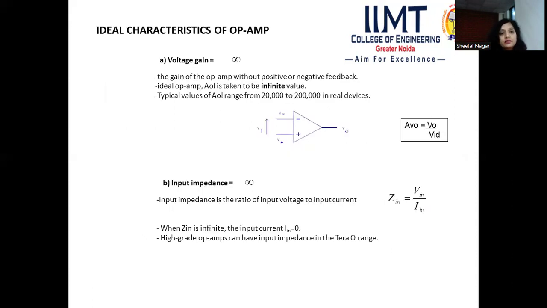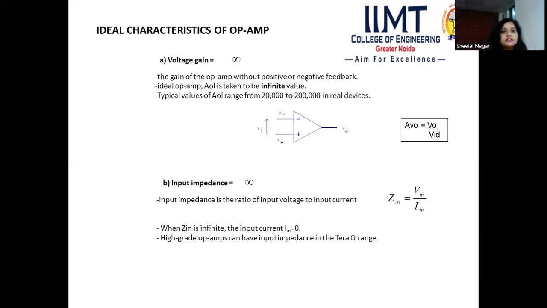Now, we just talked about the parameters of the operational amplifier. But ideally, which kind of operational amplifier must it be and which characteristics must it have? This is the most important topic: the ideal characteristics of an operational amplifier.